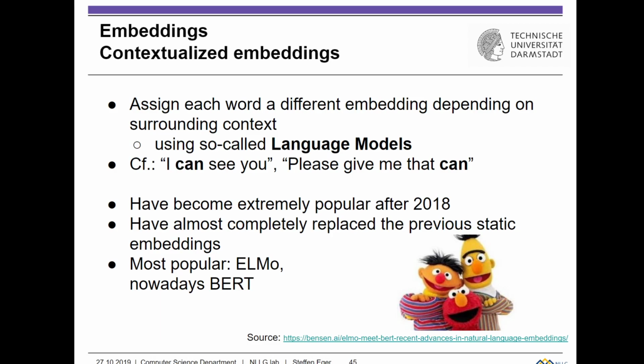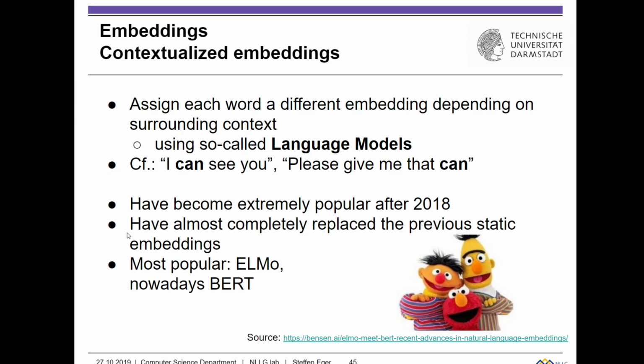What differentiates these models from the previous models, such as Word2Vec, is that now, depending on the context, each word gets a different embedding. The previous approach had exactly one embedding per word, and this results in obvious problems in case of a word having multiple senses and multiple meanings.